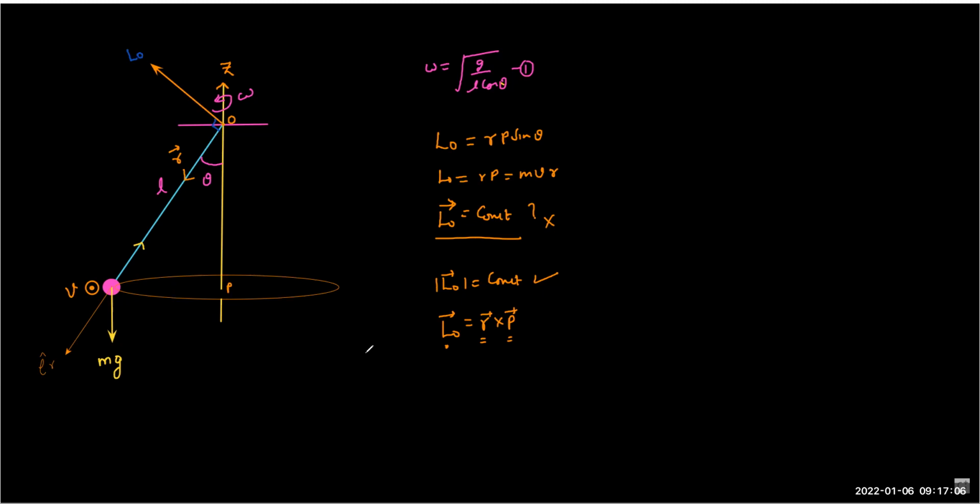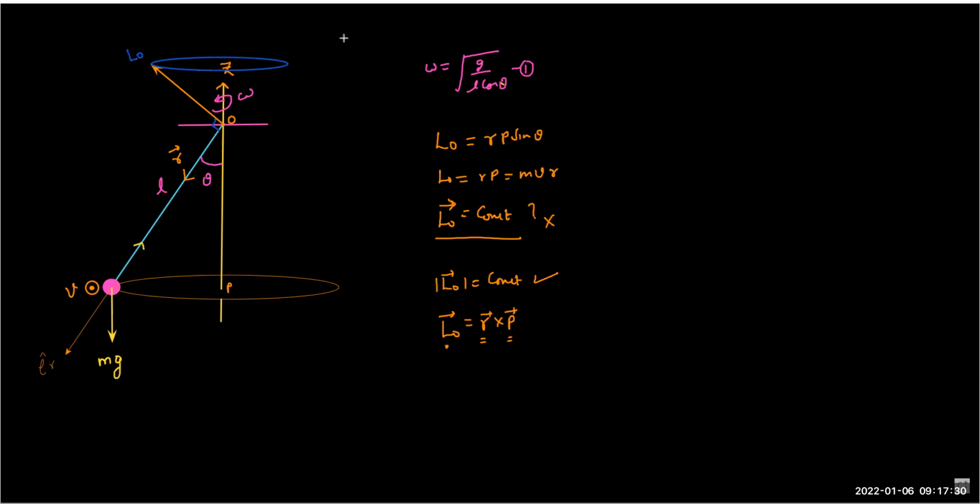So this is the direction of the L naught vector, and as the particle will move, this L naught vector will start turning in this circle. You can see this is the circle. As the particle will traverse the circle, this L naught line will also traverse this circle.